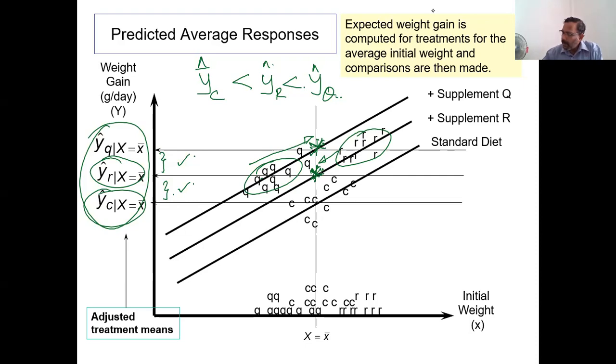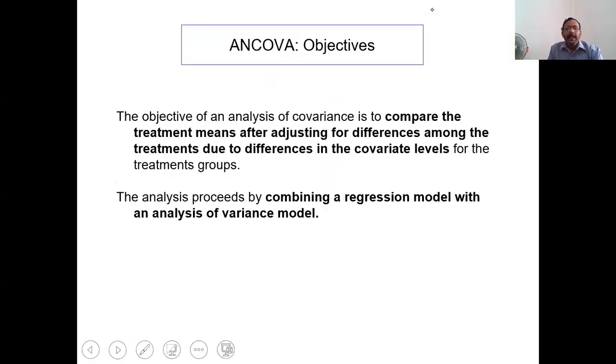ANCOVA objectives. The objective of analysis of covariance is to compare the treatment means after adjusting for difference among the treatments due to differences in the covariate levels for the treatment groups.